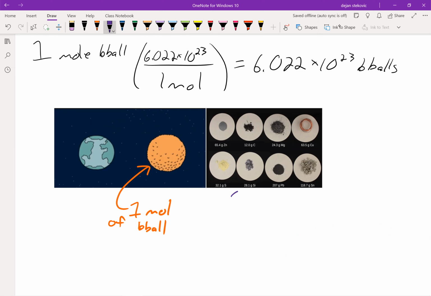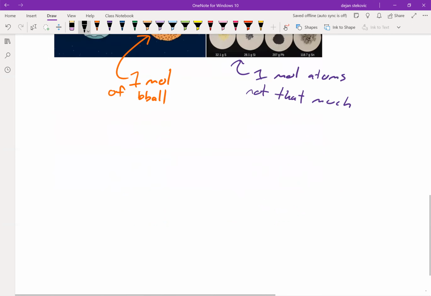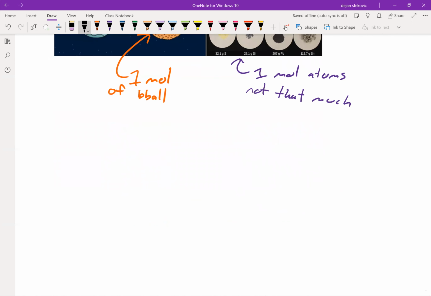However, on the right side, we have 1 mole of each element here. And what we can tell with this one is it's not that much, right? You see the copper wire, that's not a huge copper wire. None of the piles of these metals or compounds or atoms are that large, right? So it's not that much. So while the mole is such a huge number, atoms are so tiny that 1 mole of any specific atom isn't really that much. So let's just do some more conversions.